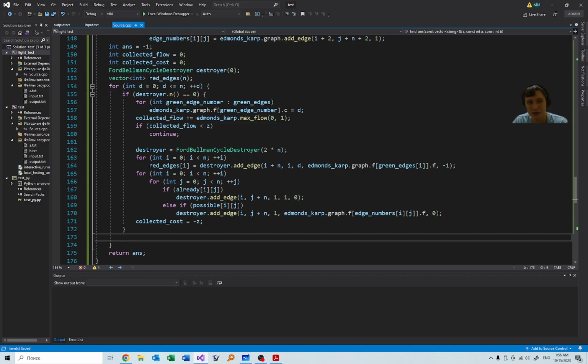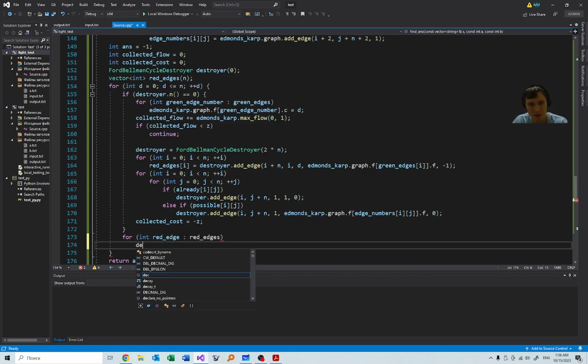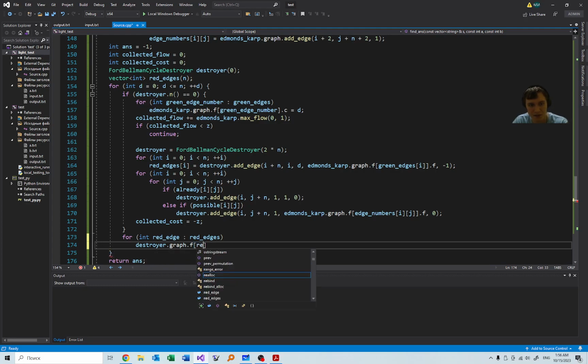So here I need to do two things. First of all, I need to increase the capacity of all red edges. So I go through all red edges. And I look into destroyer, into the graph, into the edges.